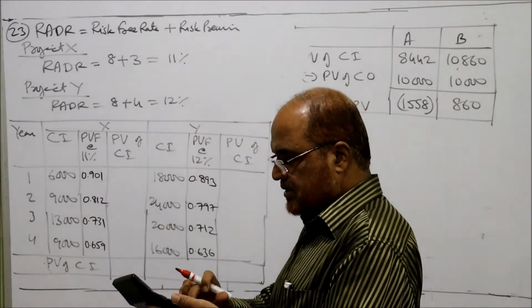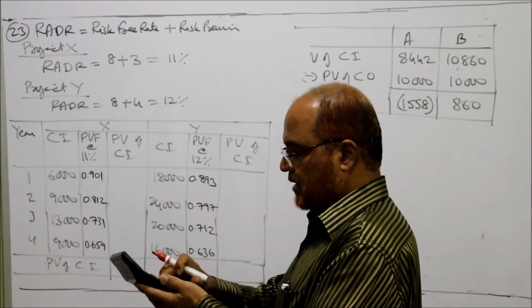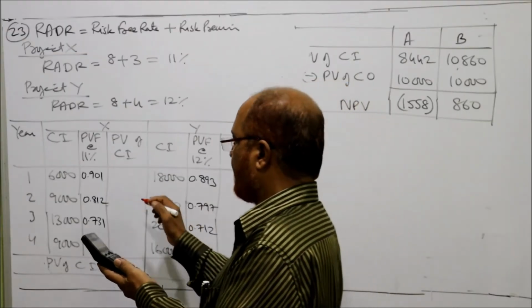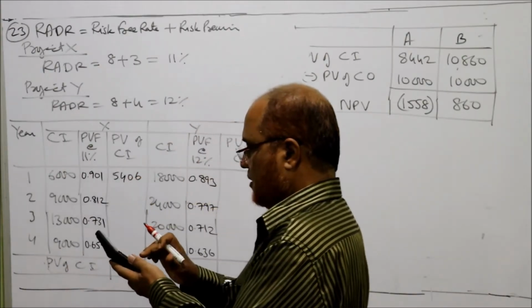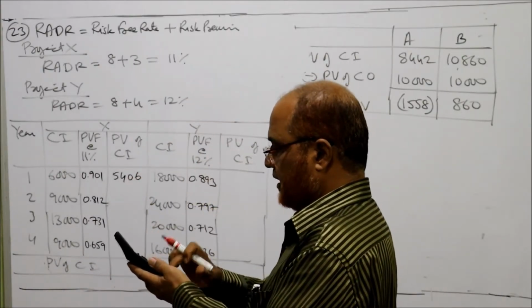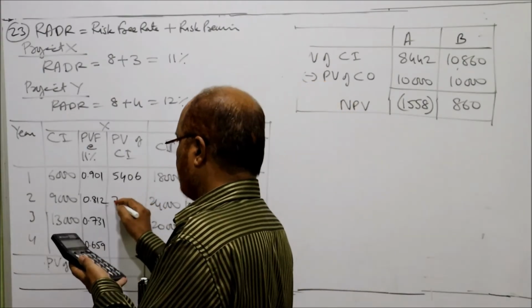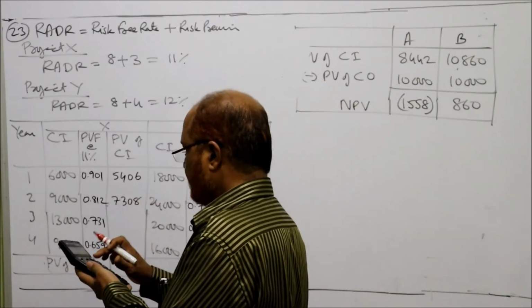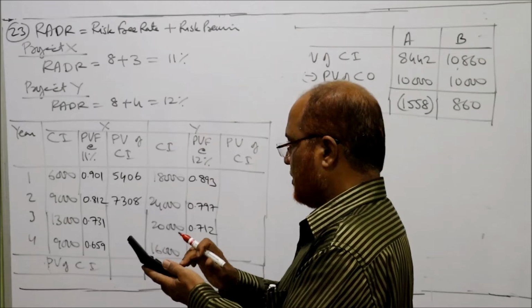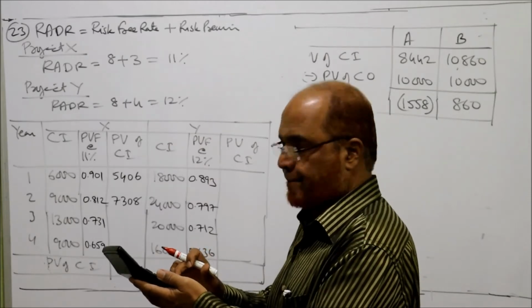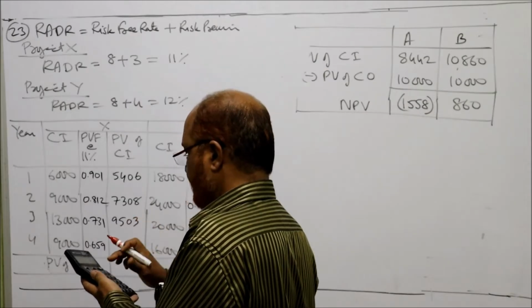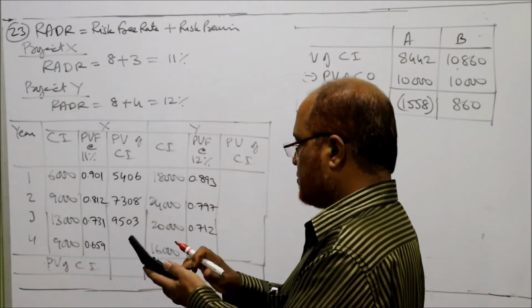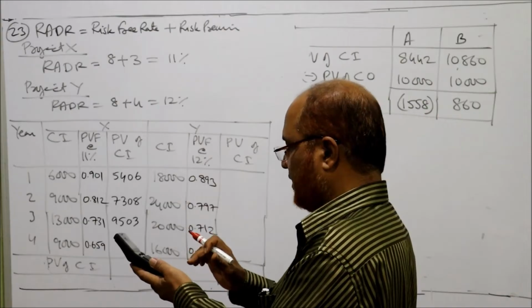Now multiply 6,000 into 0.901, 5406. 9,000 into 0.812. 13,000 into 0.731. 9,000 into 0.659.